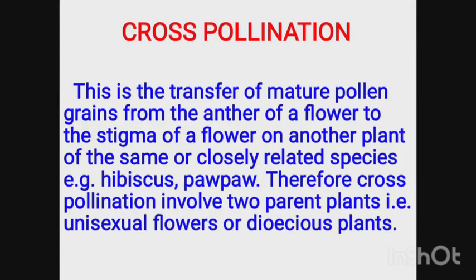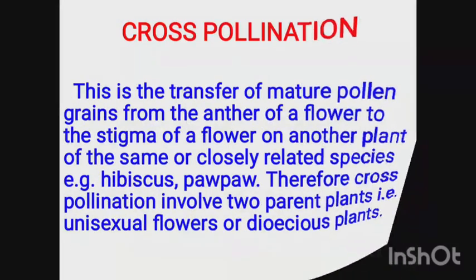For such a flower to pollinate, the one with the male reproductive organ must be able to transfer the pollen grains to another plant of the same species that has the female reproductive organ only. That's why it has to be a cross, because the particular flower does not have both of them.